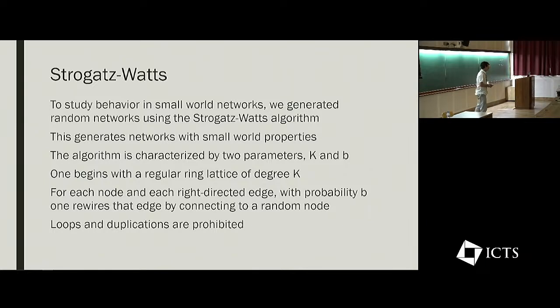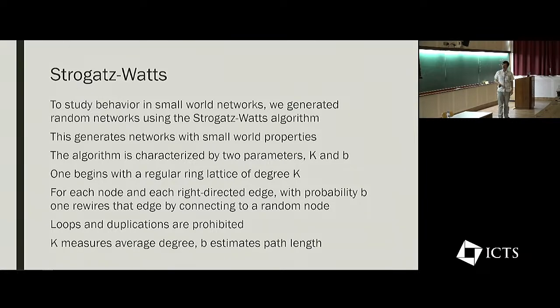And so the average degree remains fixed. You're not losing any connections, you're just changing the connections. But depending on what b is, you're going to end up having more or less of these rewirings that connect up cliques.